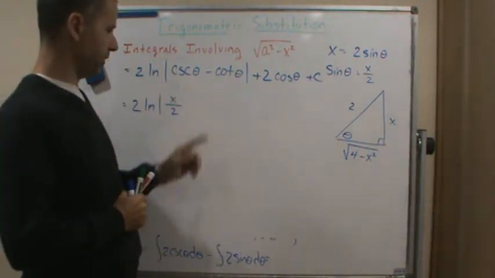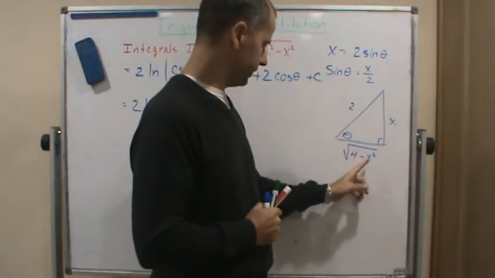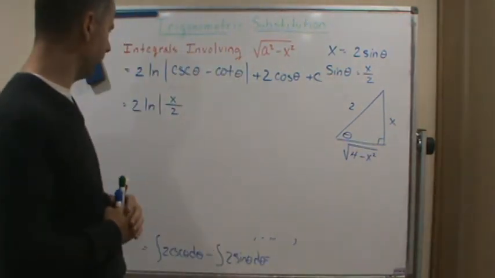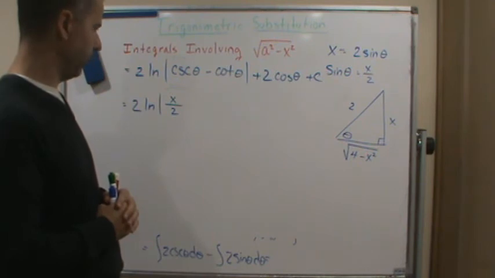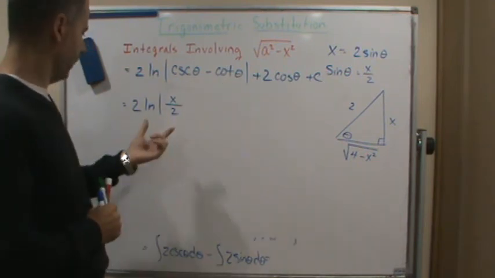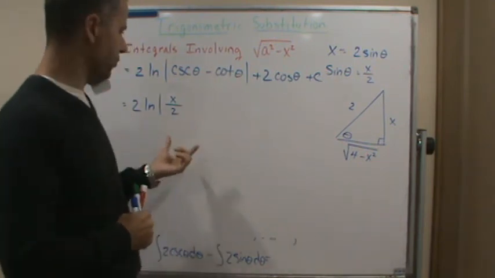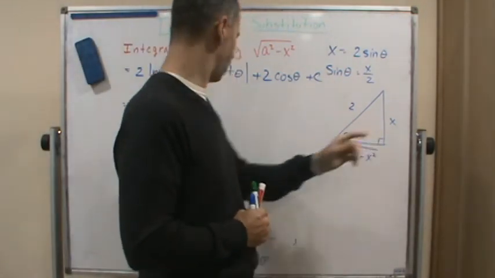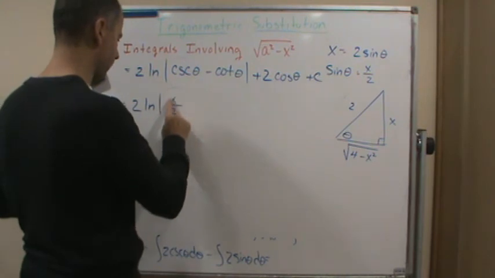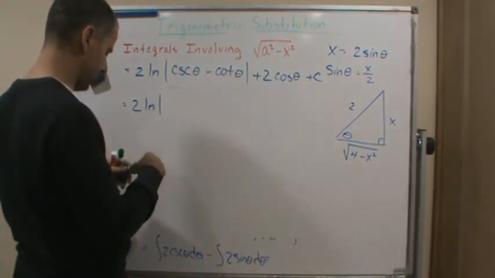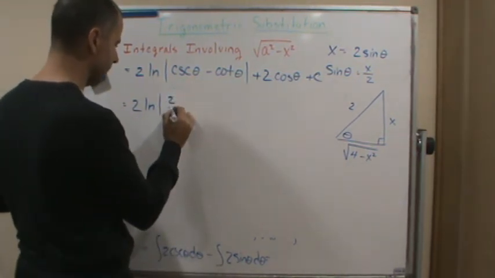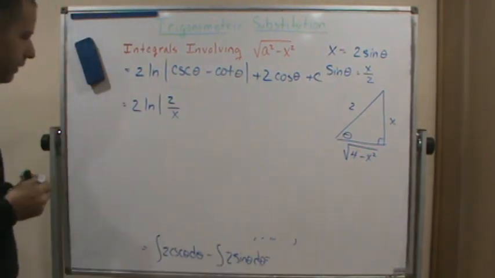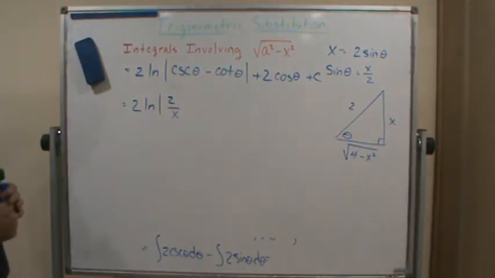So again, 1 over sine, so it's the reciprocal of sine. Sine is x over 2, so this would be 2 over x. Sorry about that. I haven't had my coffee yet this morning.